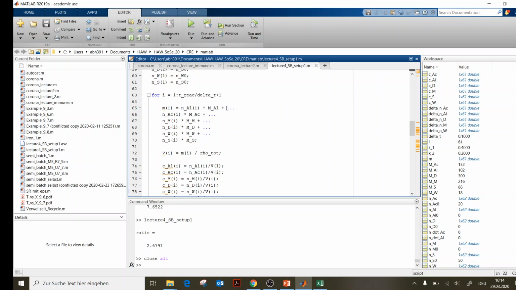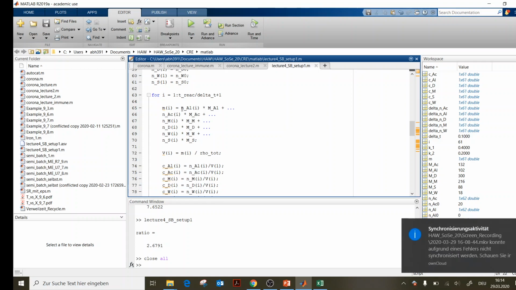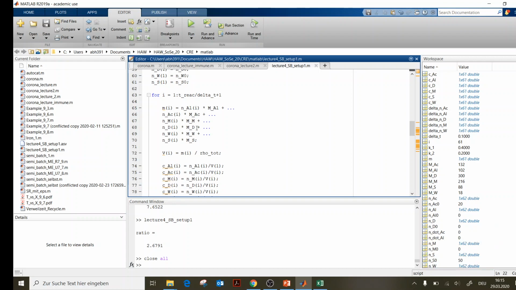What you can see here, for me this makes programming a little bit easier: if you want to have a line break in Matlab, you can just put 3 dots at the end of your line, and then this goes to a new line. For me it's quite convenient to put it in this layout.